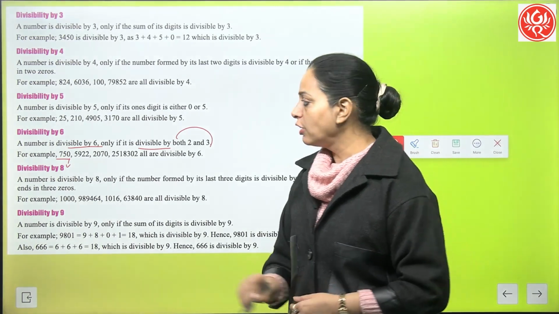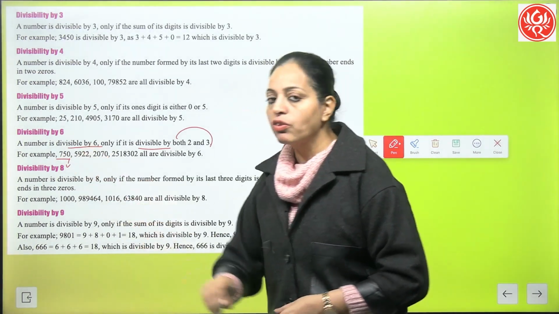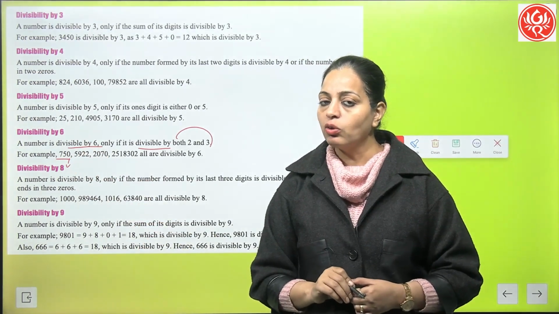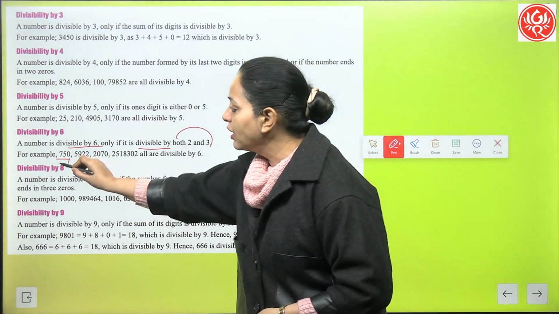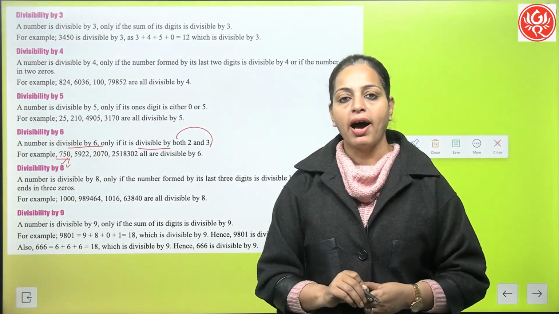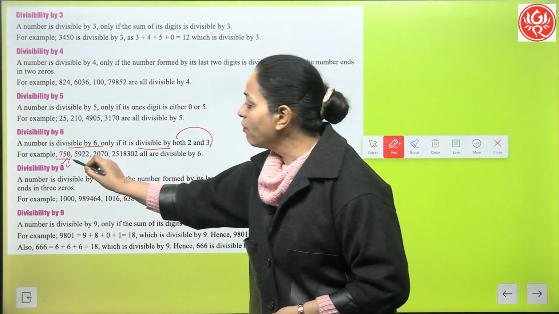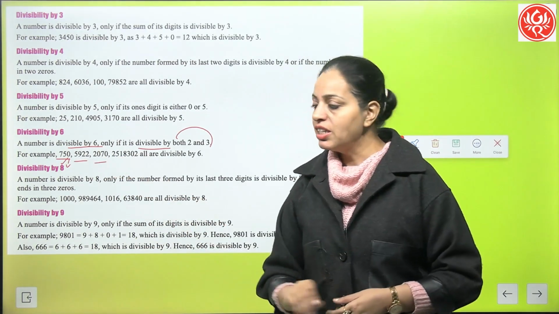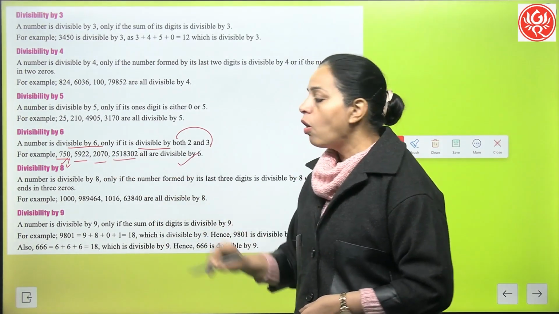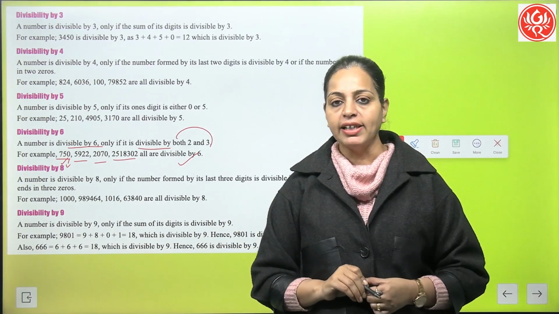Yes, divisible by 2, and take the sum of the digits. 7 plus 5 plus 0, that is 12. So divisible by 3 also. So that's why this number is divisible by 6. Similarly, 5922, 2070 and this big number, all are divisible by 6.